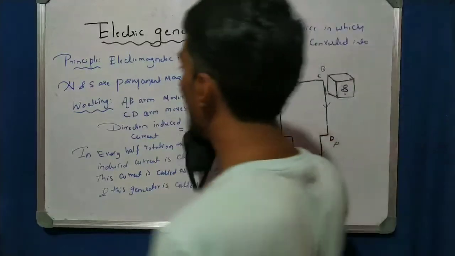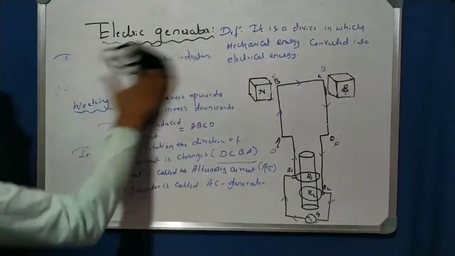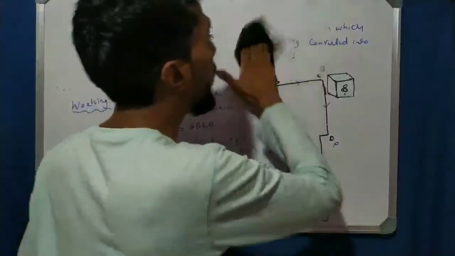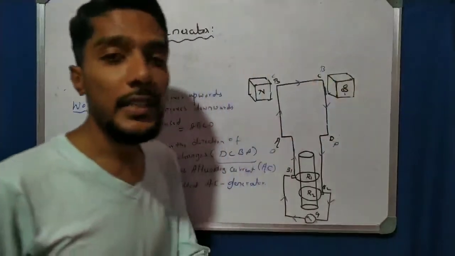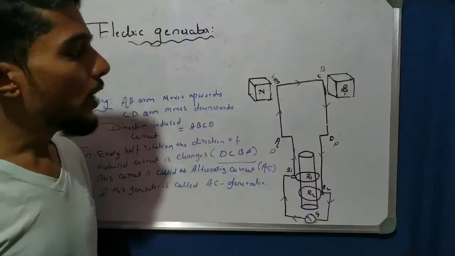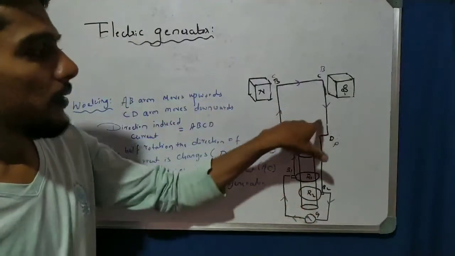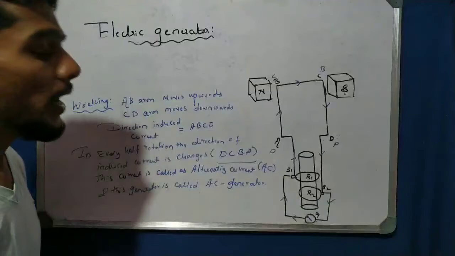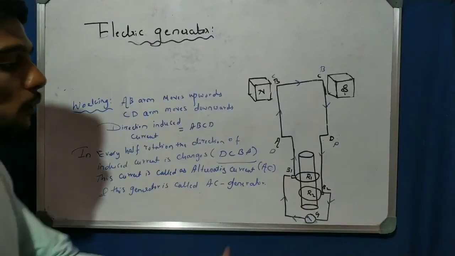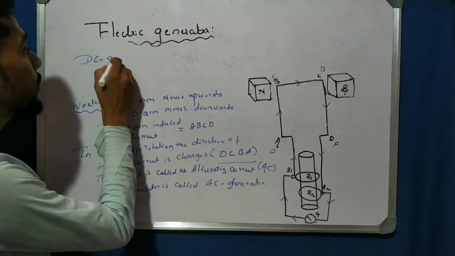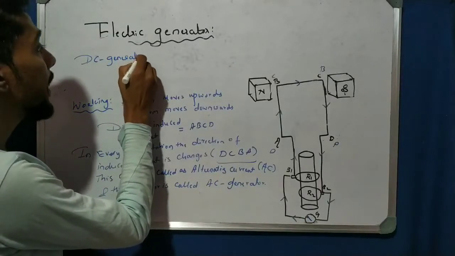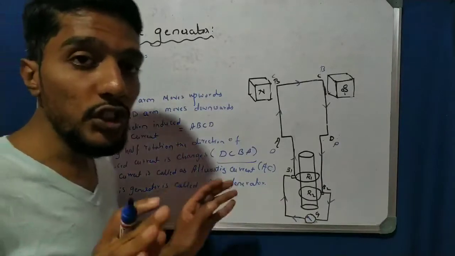Now I take another very important point. In India we use AC current over DC current. If I want to convert this device into a DC generator, what will be done here? DC means direct current, in which there is no change in the direction.